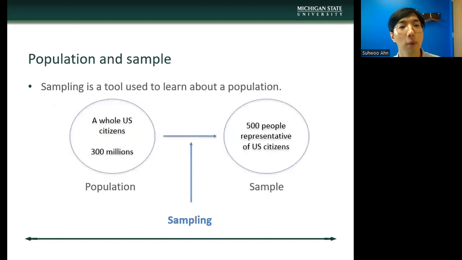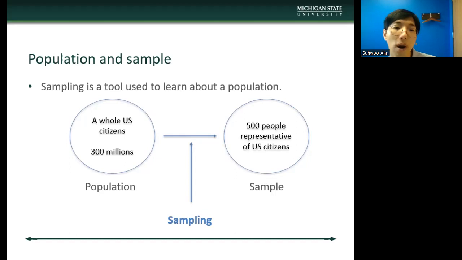Also, in the lecture and the recitation, we talked about population and sample. The population is a group of people, usually a group about whom we want to draw conclusions. You can think about all US citizens, like 300 million people. However, many times we don't have enough money and time to survey all people in the population.